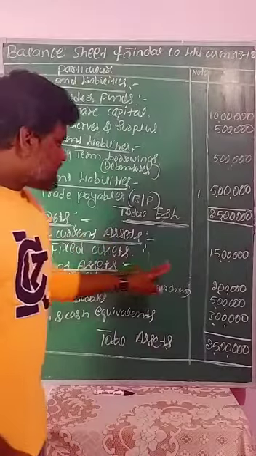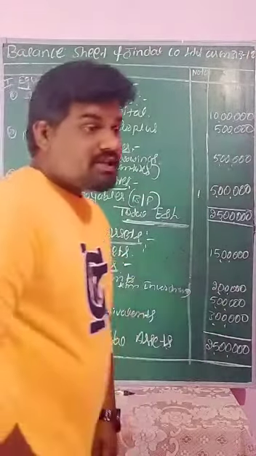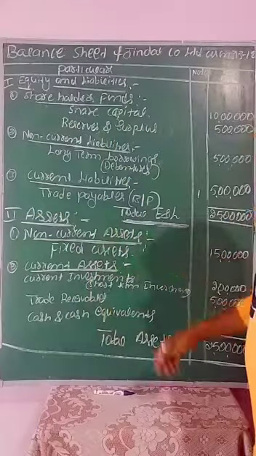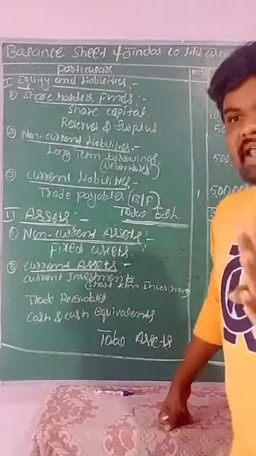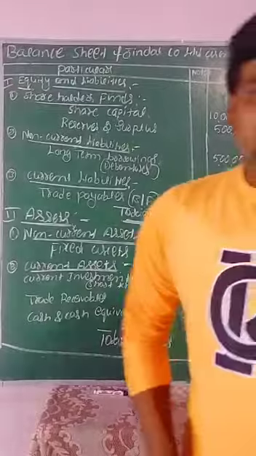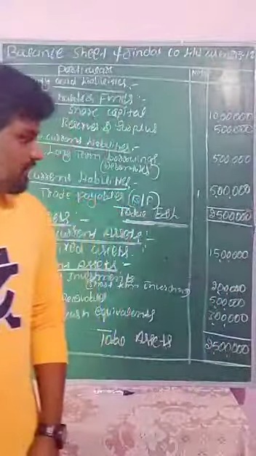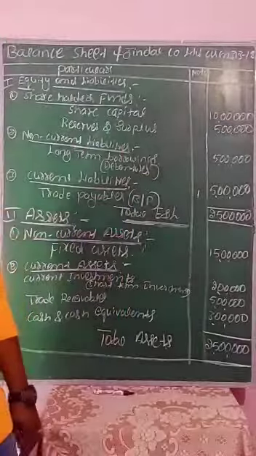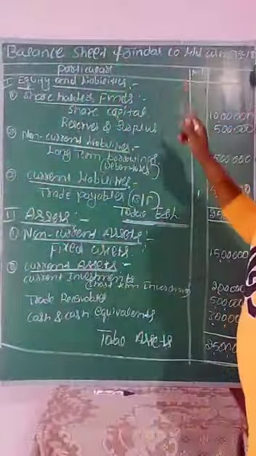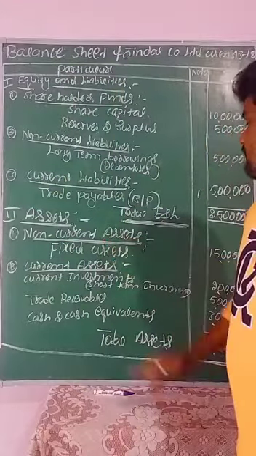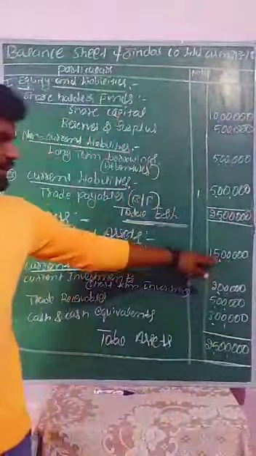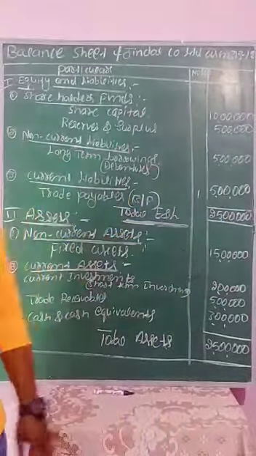Suppose there are other transactions related to non-current assets like tangible assets, intangible assets or non-current investments, in such a situation we need to record them here itself. But as per the given information regarding this Jindal Company Limited, we have only one asset, fixed assets. The value of fixed assets is 15 lakhs rupees. That 15 lakhs rupees we can directly record.